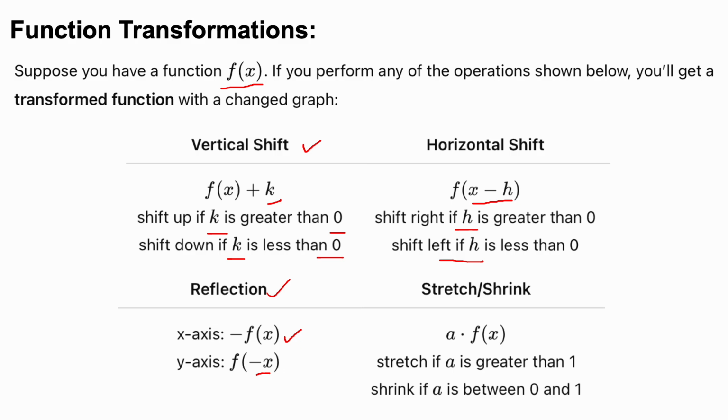And finally, multiplying by a number a changes the shape of the graph. If a is greater than 1, you are stretching the graph, and if a is between 0 and 1, then you are shrinking it. So remember, small changes to your equation make big changes to your graph.